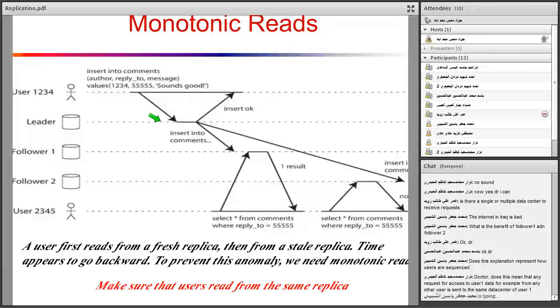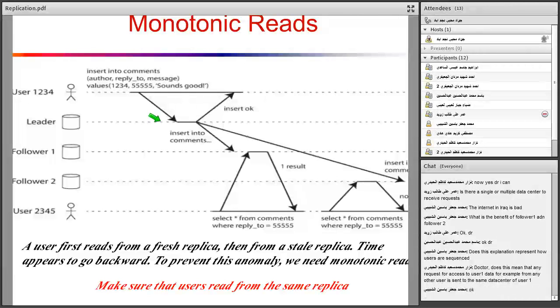It's not related to the users; it's more dependent on the network.